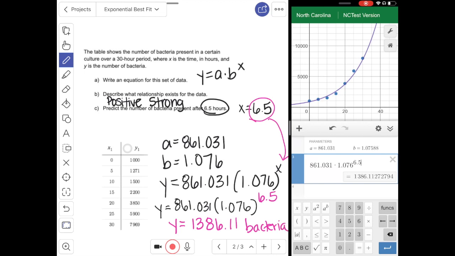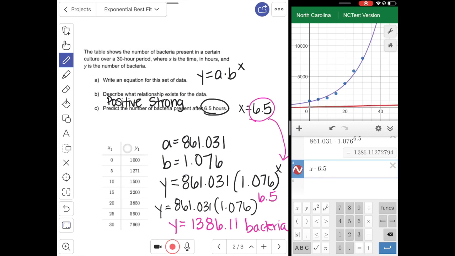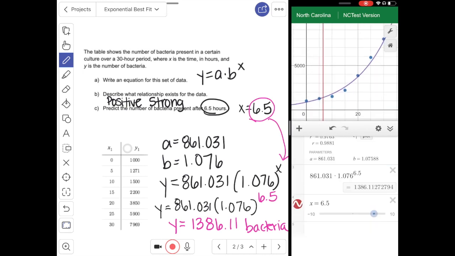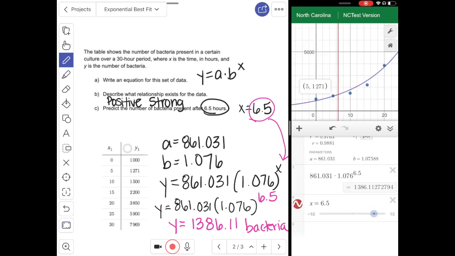Now, another way that I could do that is I could recognize that x is equal to 6.5, so I could create that vertical line by typing in x equals 6.5, and I could find that intersection, creating like a system to that problem.